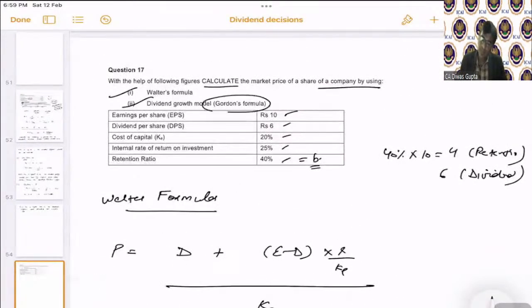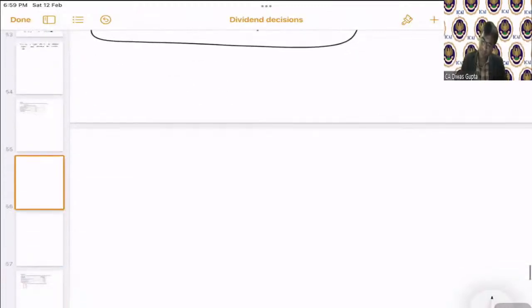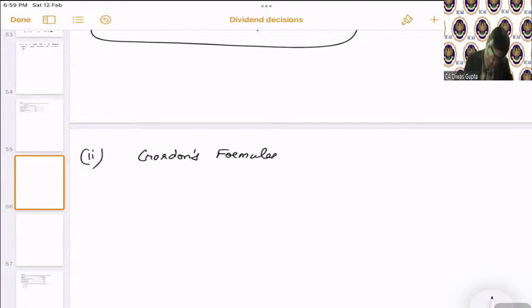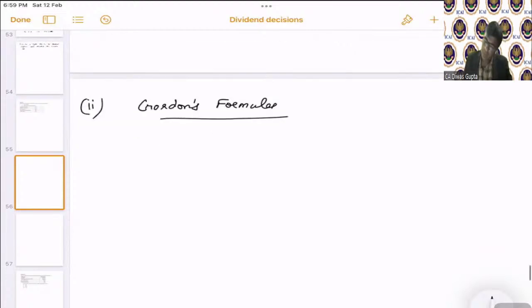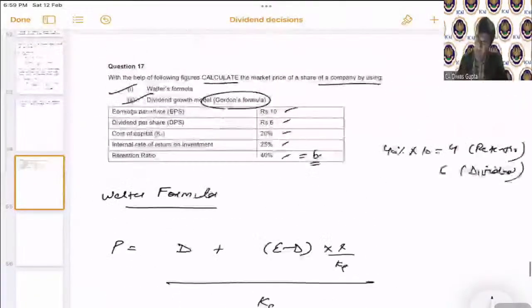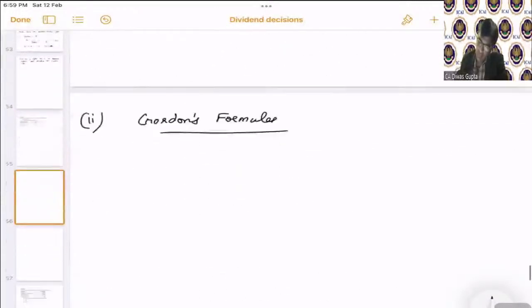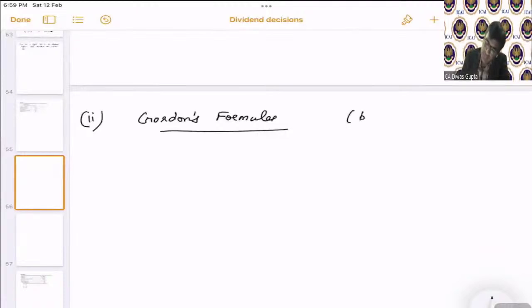Now, dividend growth model, Gordon's formula. What is the Gordon's formula? In case of a dividend growth model, we have to use that B and R principle again, right? The same thing that we have discussed earlier.